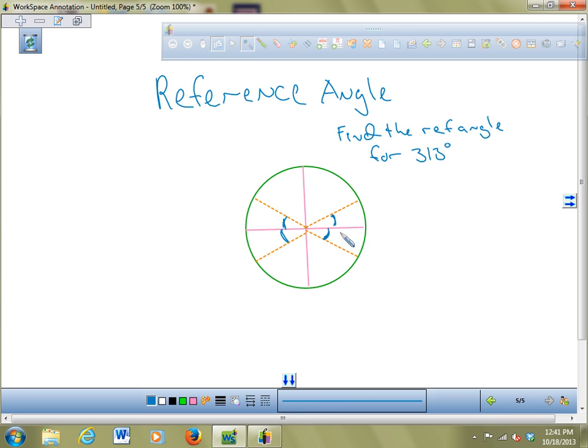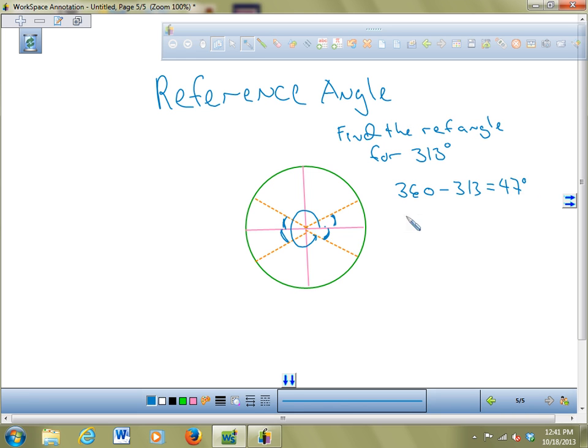What did you say, Catherine? How far is it from here to here? 360. Subtract. Good, so I'm talking about this angle from here to here. So the reference angle is going to be 360 minus 313, which gives you, I think, 47 degrees.